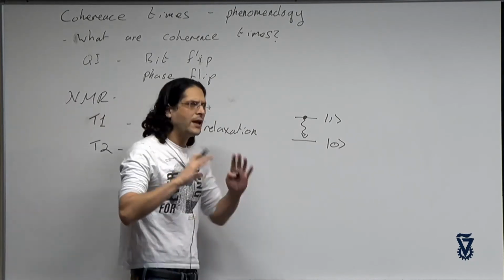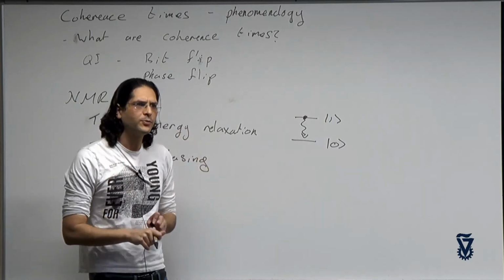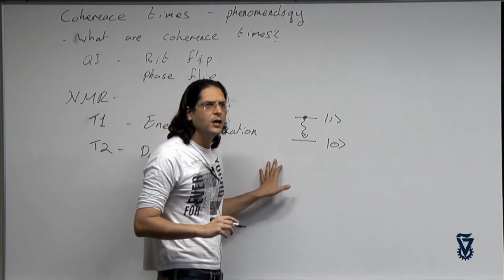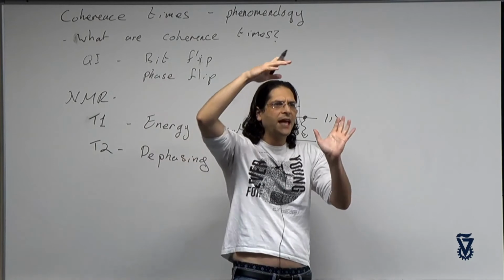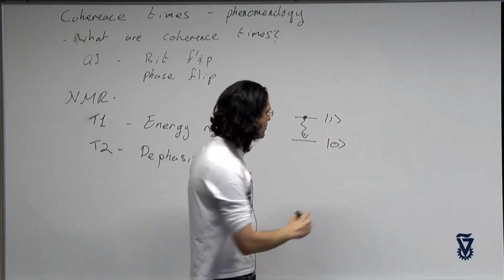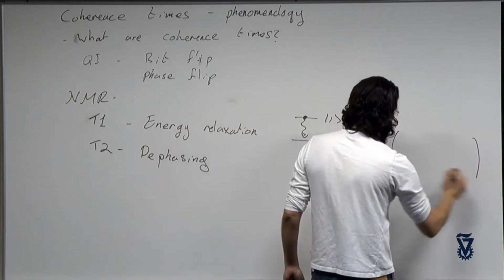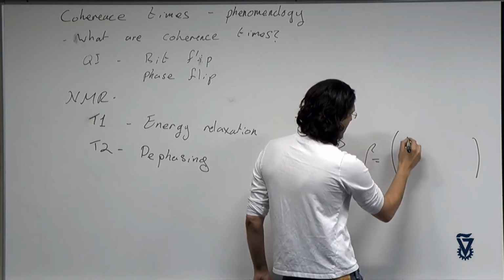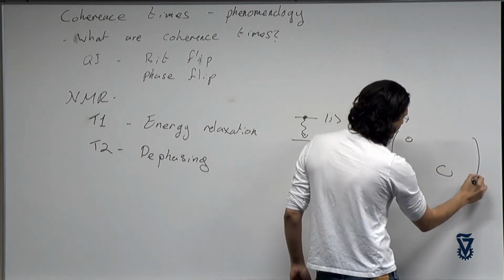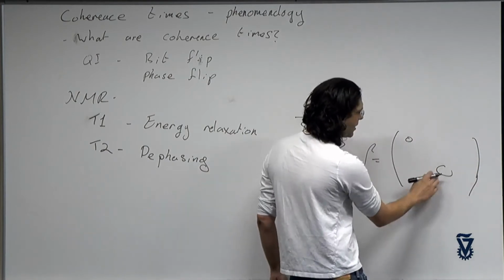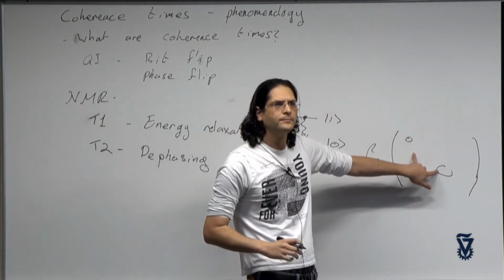Now, in terms of how the quantum state is represented, the dephasing rate, you can think of it as the decay of the off-diagonal elements. If you remember the density matrix, the diagonal elements are the populations.